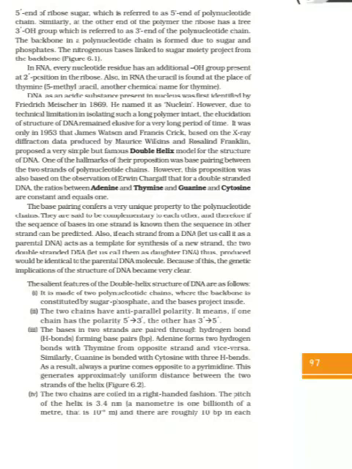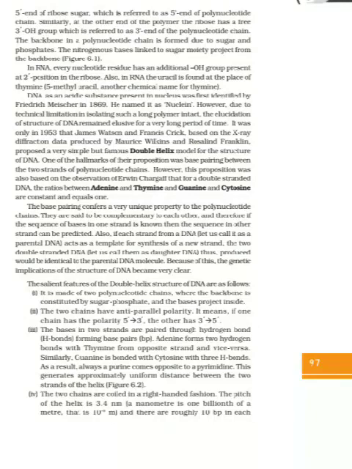DNA as an acidic substance present in the nucleus was first identified by Friedrich Miescher in 1869. He named it nuclein. However, due to the technical limitation in isolating such a long polymer intact, the elucidation of the structure of DNA remained elusive for a very long period of time.